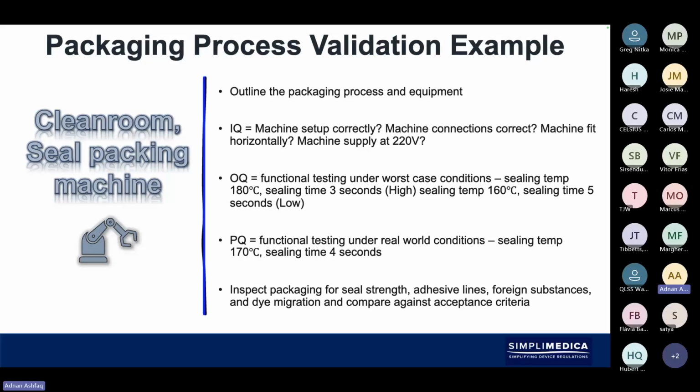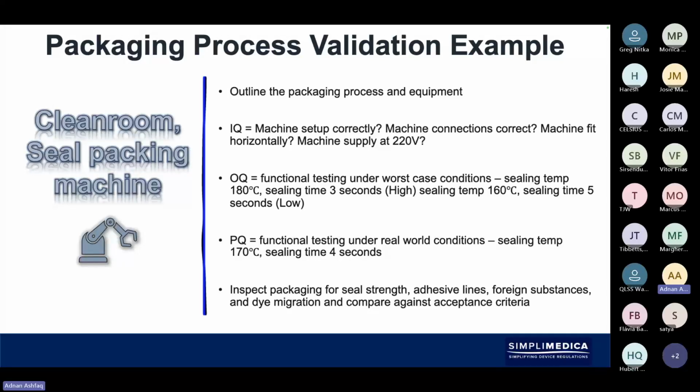which would be nominal. So in this example, you've got 160 and 180 at the low and high, and then 170 could be the nominal temperature. And then also looking at the dwell time, which is the amount of time that the pressure plates are in contact with the seal when it's sealing the packaging, is 4 seconds in this case, which is in between the high and the low.